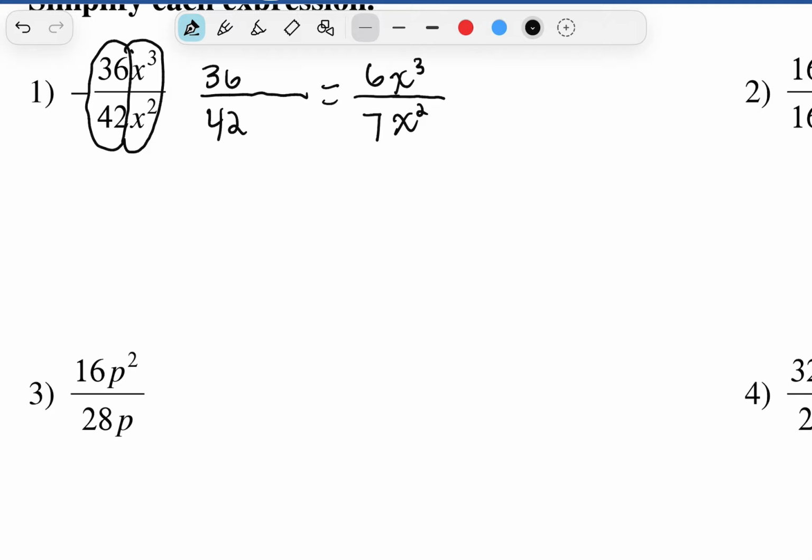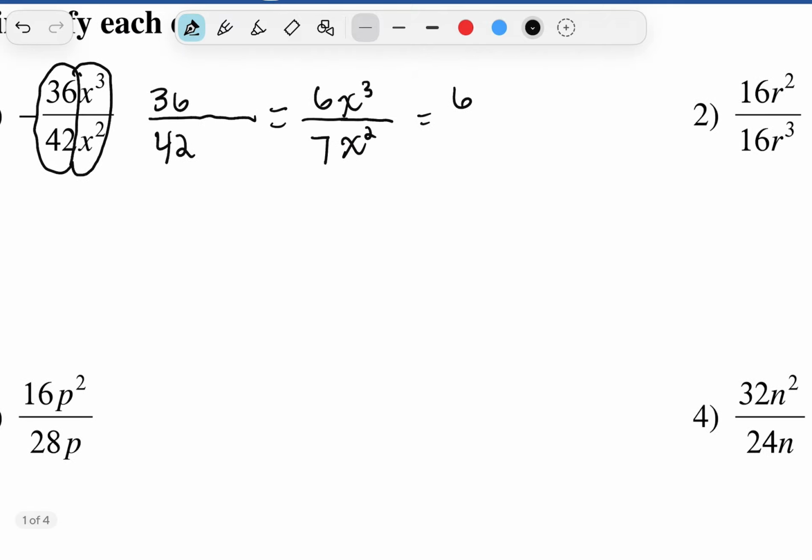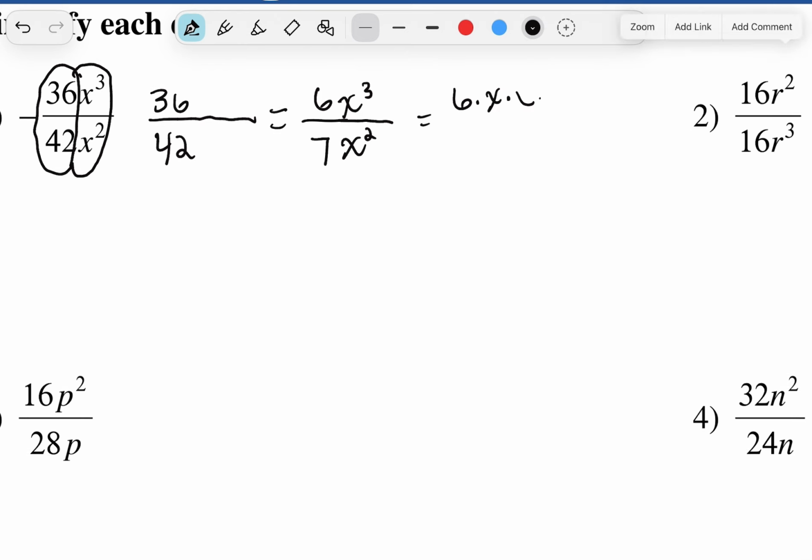squared. And another way to think about this is you could say x to the third is x times x times x.